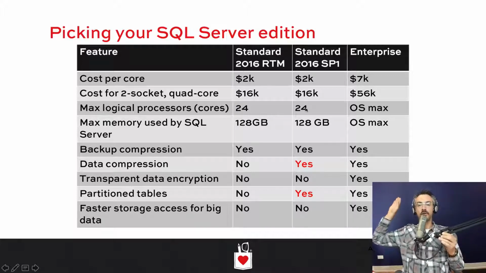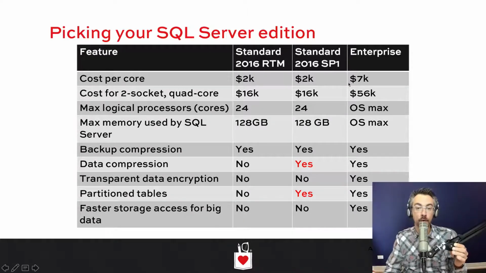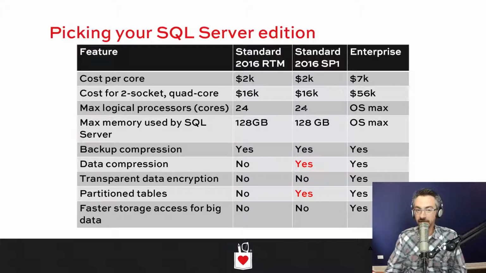Don't get me wrong, 24 cores is a huge number. It's very large. I don't think I've ever seen a Standard Edition box go to 24 cores because it's expensive. 24 cores times $2,000 a piece. That's a $50,000 SQL Server box. And when you hit that level, this memory is kind of crippling.